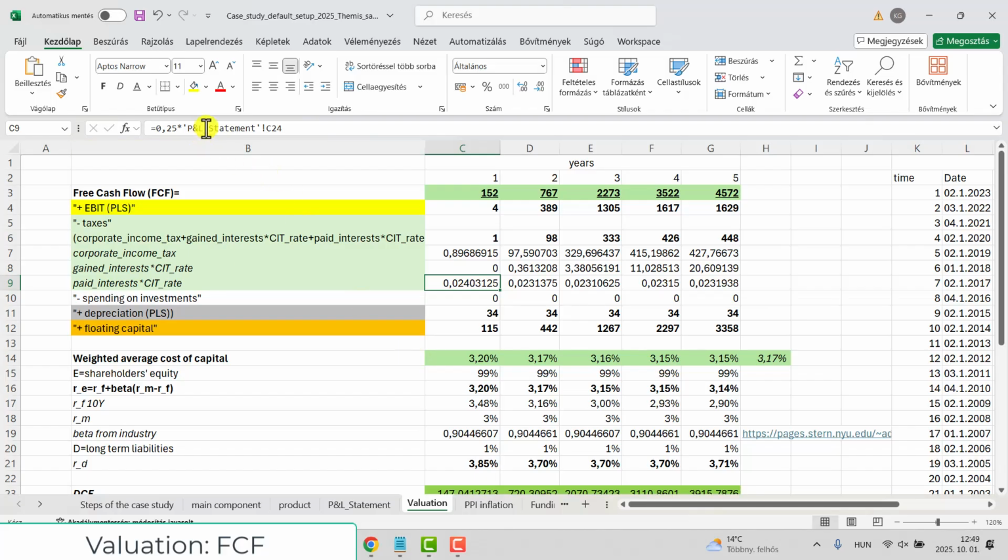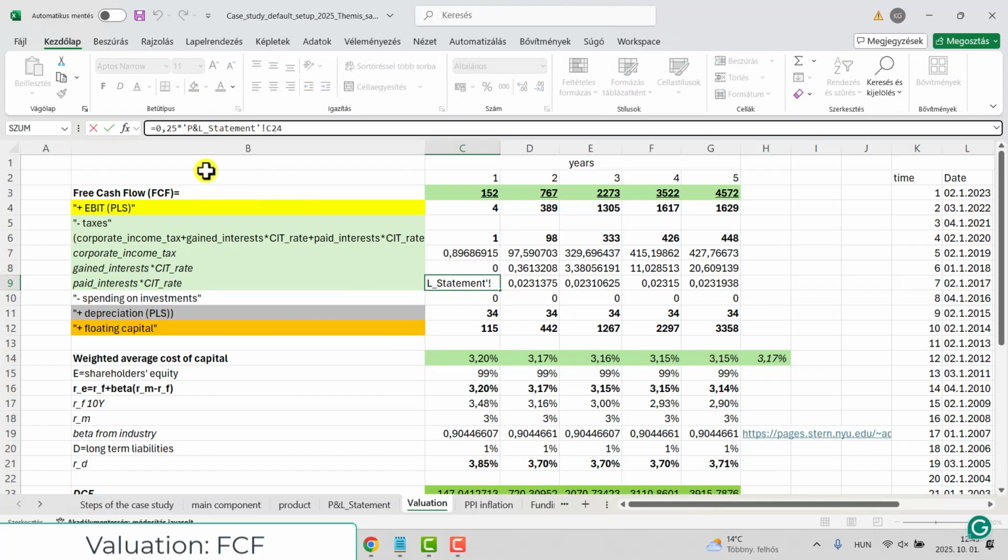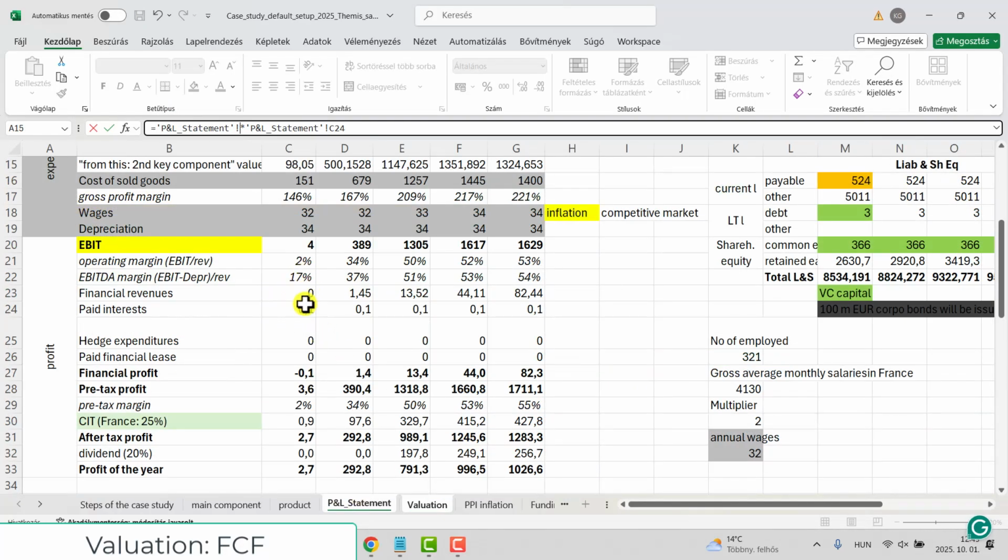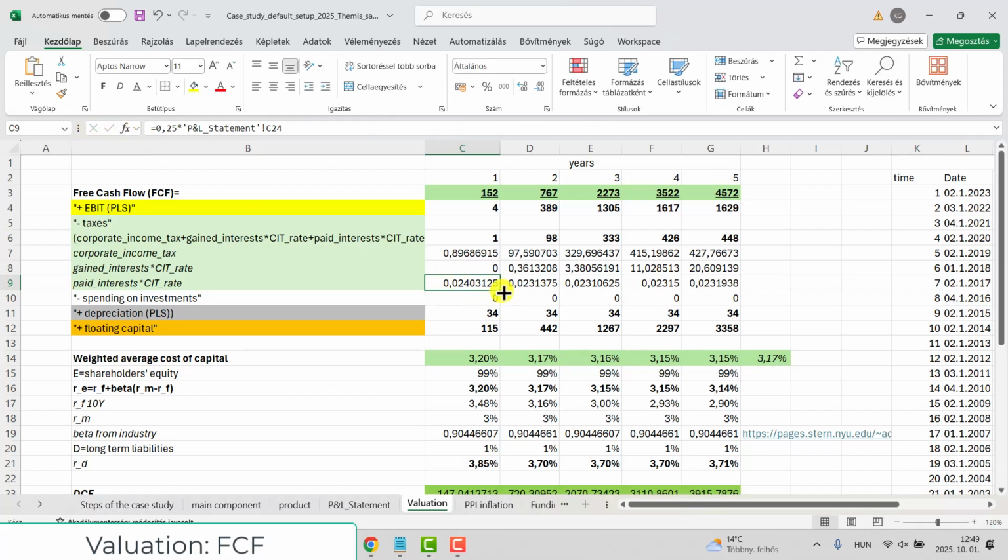Paid interest. Yeah, it's just now this is the corporate income tax. C24 is paid interest. So hopefully there is not much an issue there.